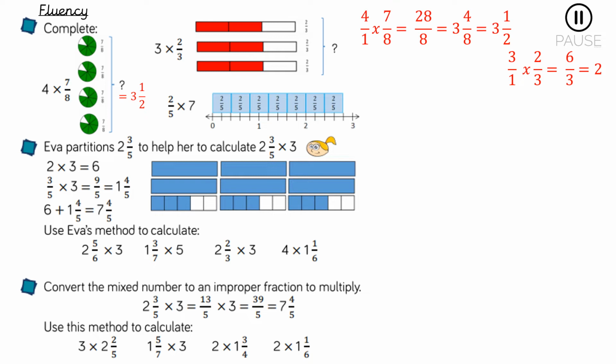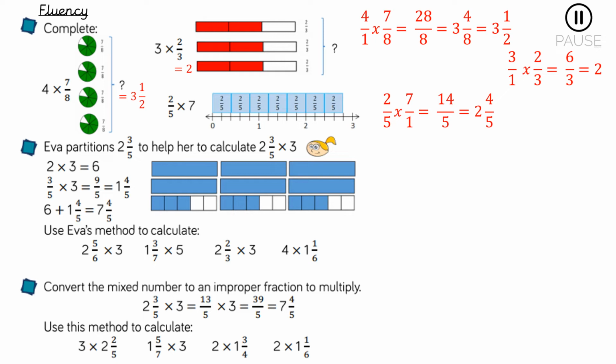And then the last one is 2 fifths times by 7. So that becomes 2 fifths times 7 over 1. 2 times 7 is 14. 5 times 1 is 5. And then to convert that into a mixed number, we say how many 5s are in 14? It's 2, remainder 4, so it's 2 and 4 fifths.